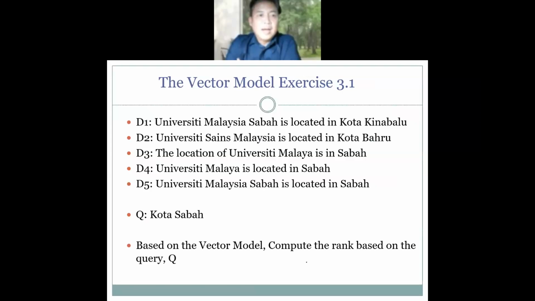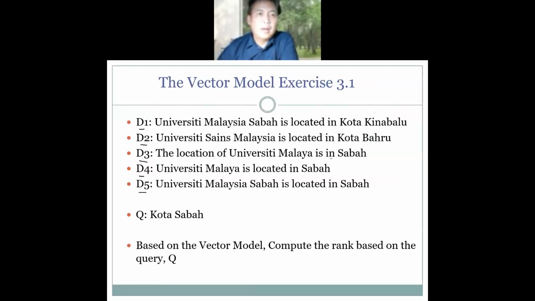Yeah. So now we have five documents here. Your task is to compute the rank based on the query that we have here. So we have document 1, document 2, document 3, document 4, and document 5. Okay.